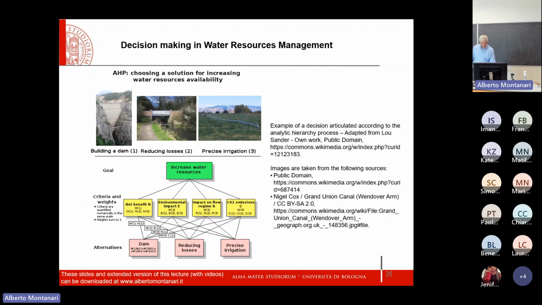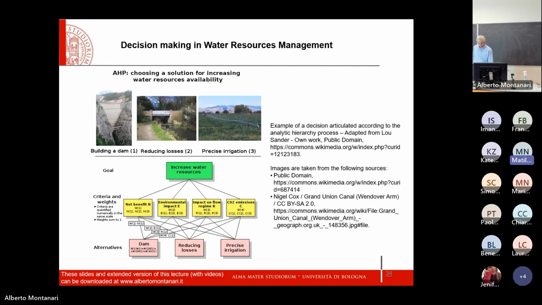For instance, if you go back here to the 4 criteria, you may give weight 1 to the CO2 emissions and weight 0 to the other 3 criteria, which means that you are deciding basing only on CO2 emissions. And in this case, depending on the weight, you also minimize the impact. I didn't explain how the weights are identified yet, but you will see that if you want to give more weight to the CO2 emissions, you have to play with the weights. Is it clear?